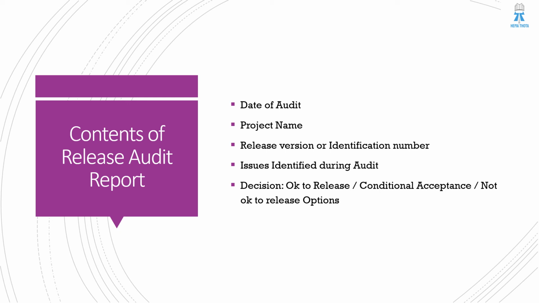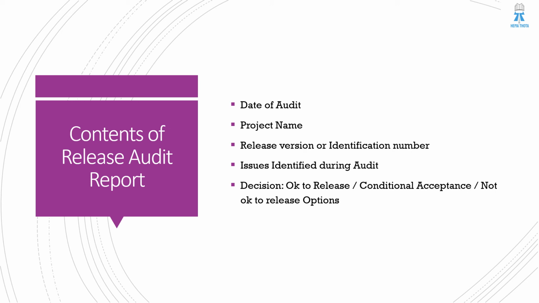And the decision is the SQA decision. It is purely independent. So SQA can say okay to release, conditional acceptance, meaning these are the things we have identified, and if you fix them, you can release.